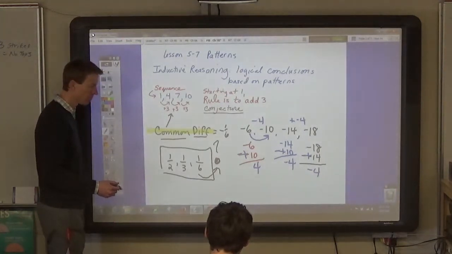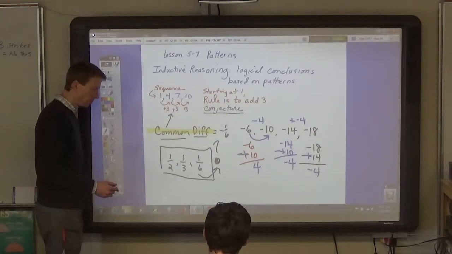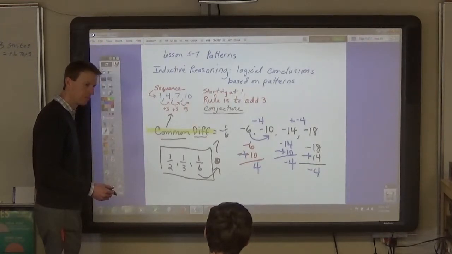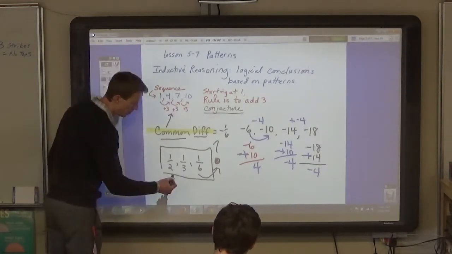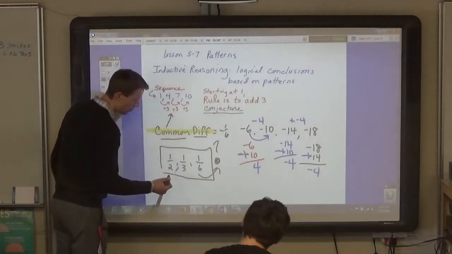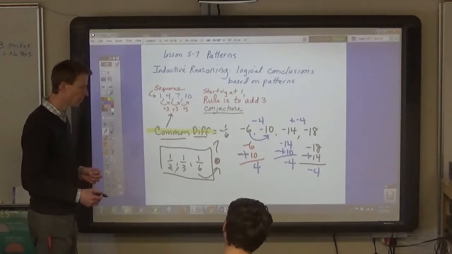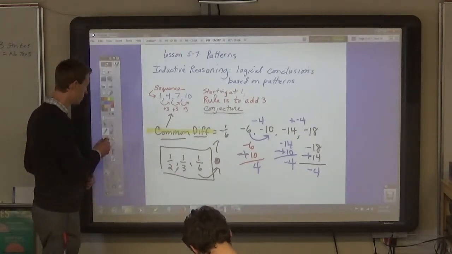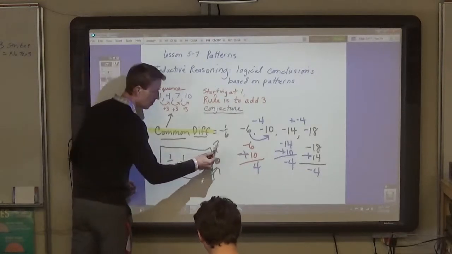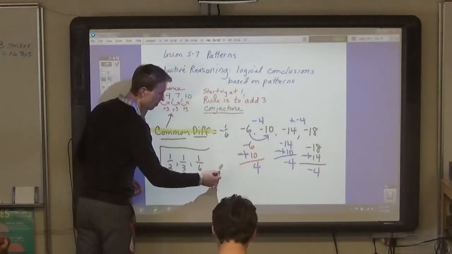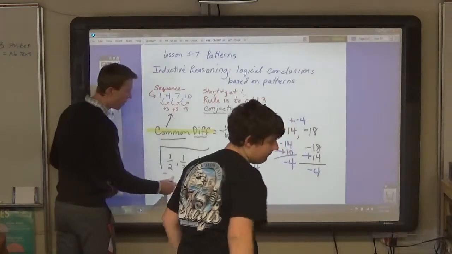So it's 1/3 times 1/2, which is 1/6. And the next step you do 1/6 times 1/3, so the next number would be 1/18. So you just multiply by the number before.